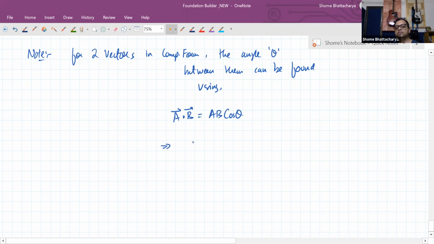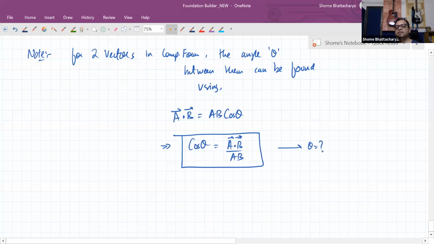Invert this, so cos theta is A dot B divided by the product of their magnitudes. So from this we can find the angle theta.